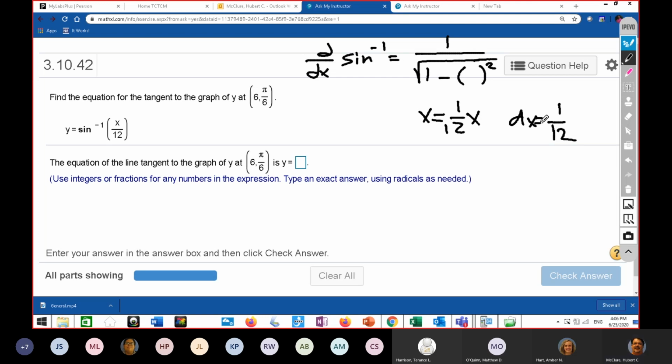So y prime is going to be equal to 1 over the square root of 1 minus parentheses squared, and that 1/12 x, or x over 12, goes right there, and then parentheses out to the side, 1/12.